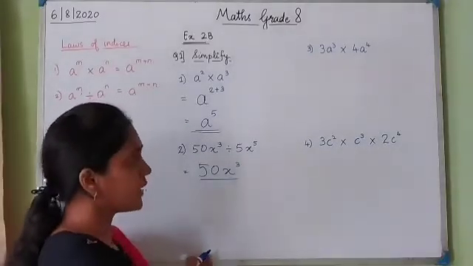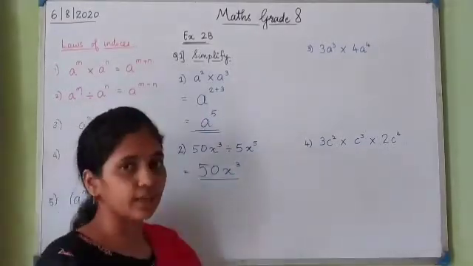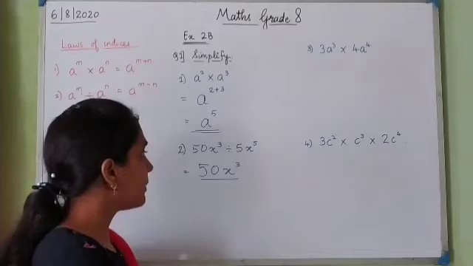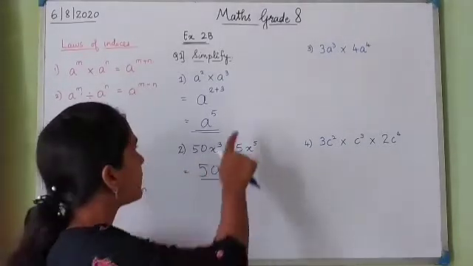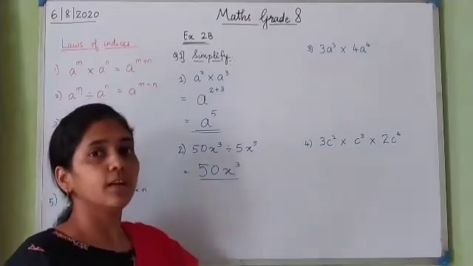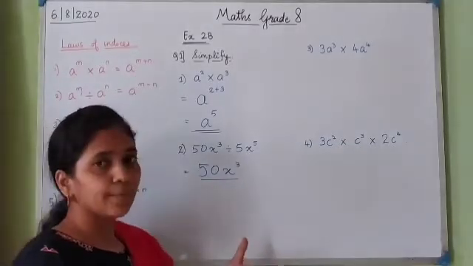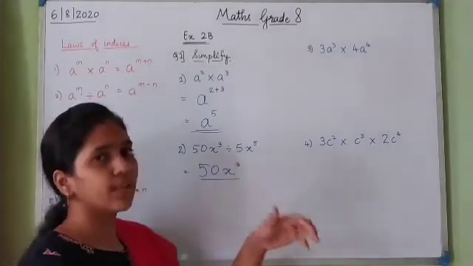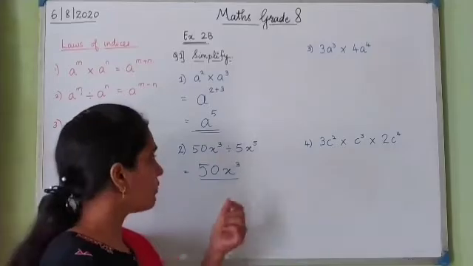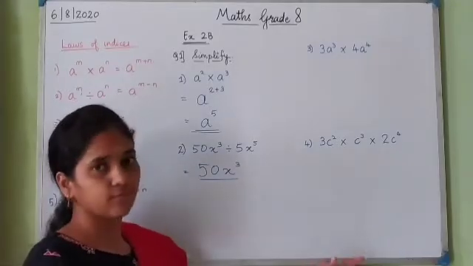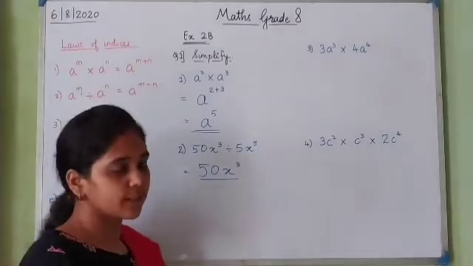In question 1 this was only multiplication and this is only division, but for the further questions, in the same sum there will be division as well as multiplication and all in one sum, okay? So we are doing this just as a revision of the laws of indices, okay?